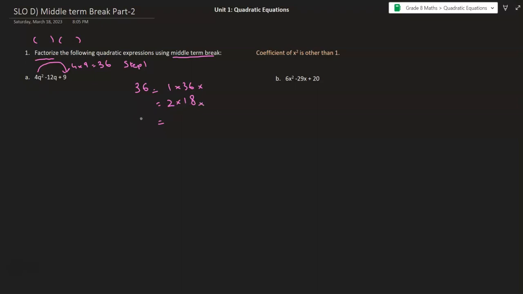This is not the answer. What other combination do I have? 3 into 12. So 3 plus 12 gives me 15, or minus gives me 9. This cannot be the possible combination as well. So the next combination is 6 into 6. If I multiply this, I get 36. If I add them, I do get 12. So this is the combination I'm looking for.